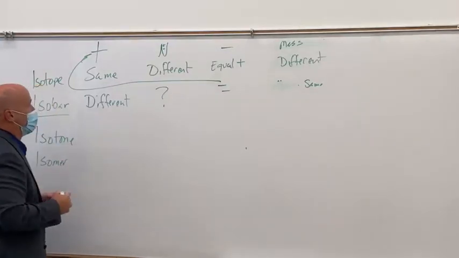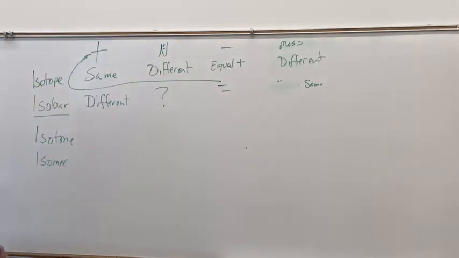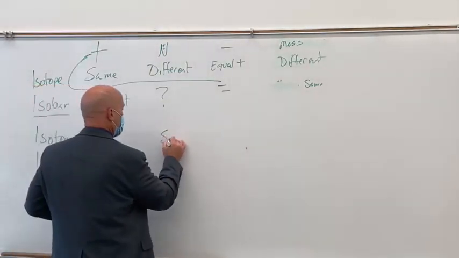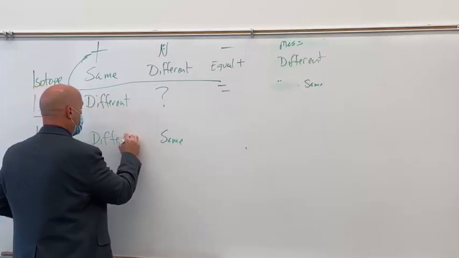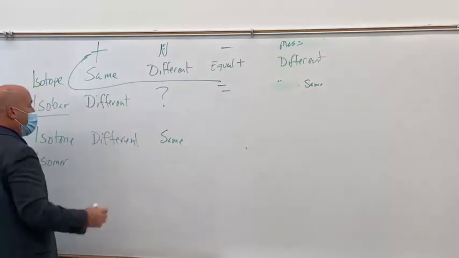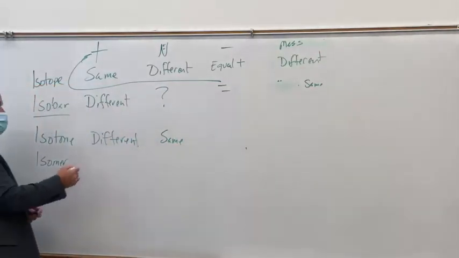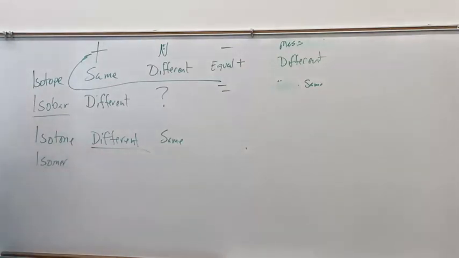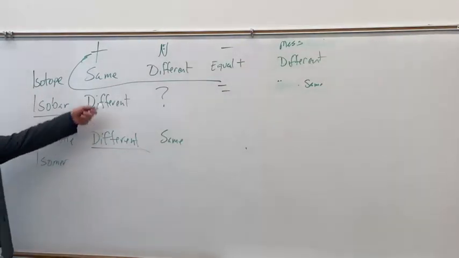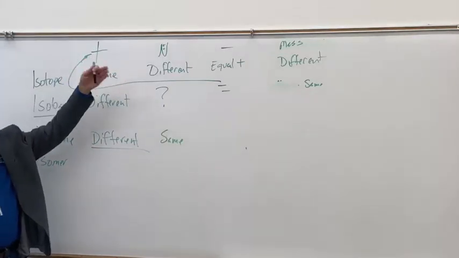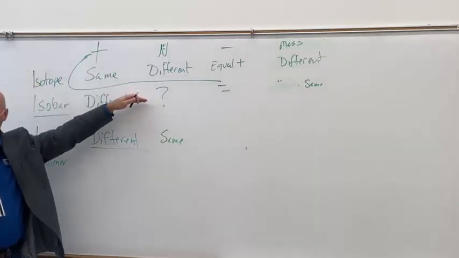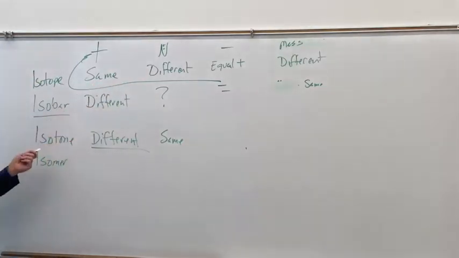Okay, so what does isotone say? Same number of neutrons, a different number of protons. So, based on that, what do you know? Different number of protons, different number of positive charges. Positive charges identify the element, right? So what do we have?